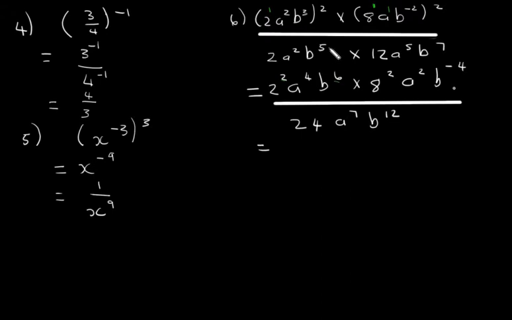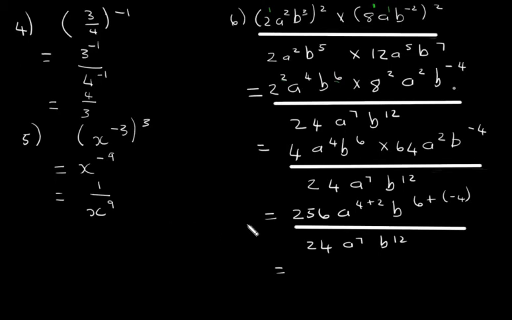And b to the power 5 times b to the power 7 is b to the power 12. What we need to do now is we need to simplify that numerator. So we can go ahead and say that 4 times 64 is 256. A to the power 4 plus a to the power 2 will give us a to the power 6.